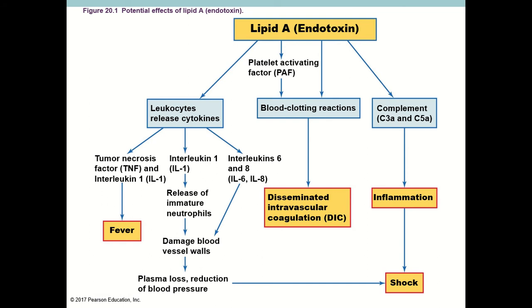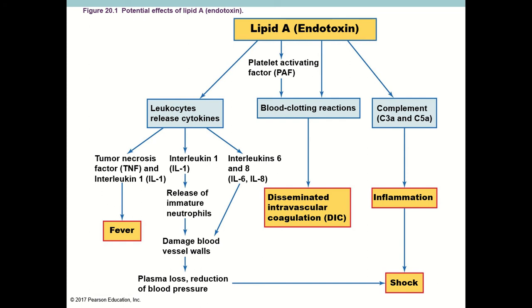Disseminated meaning systemic, spread out throughout the body, intravascular, inside of the blood vessels. And the coagulation is simply the aggregation of these pieces of megakaryocytes called platelets. So platelets are part of our immune system, and their aggregation causes coagulation. That's part of hemostasis, which helps us in healing wounds to blood vessels.